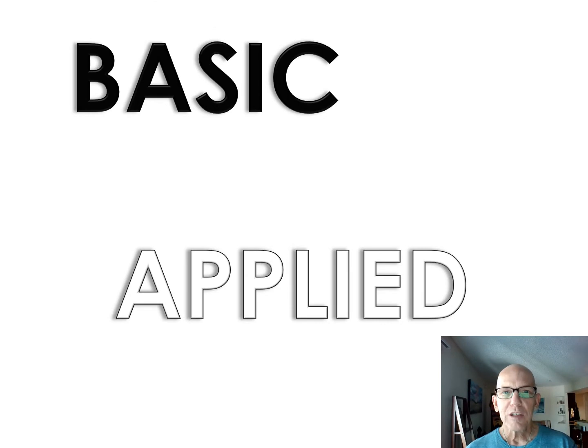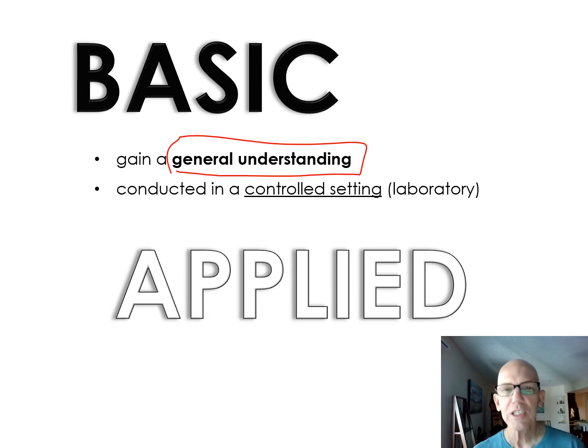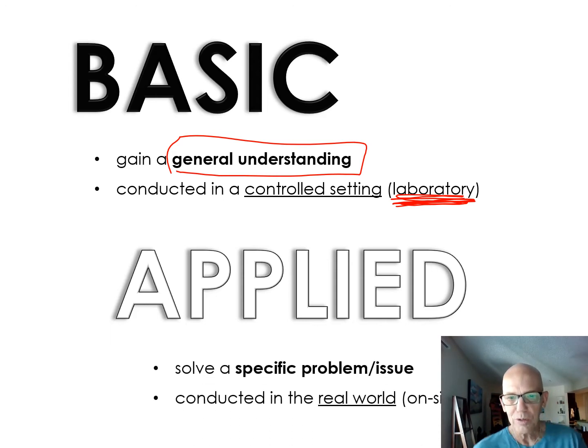One of the other things I want you to know for the test is some research is basic. You're just trying to get a general basic understanding, and it's usually done in a laboratory. Those are the 2 features of basic. General understanding in the laboratory. Most science is done like this because the real world is messy. Applied research is done in the real world. Why?